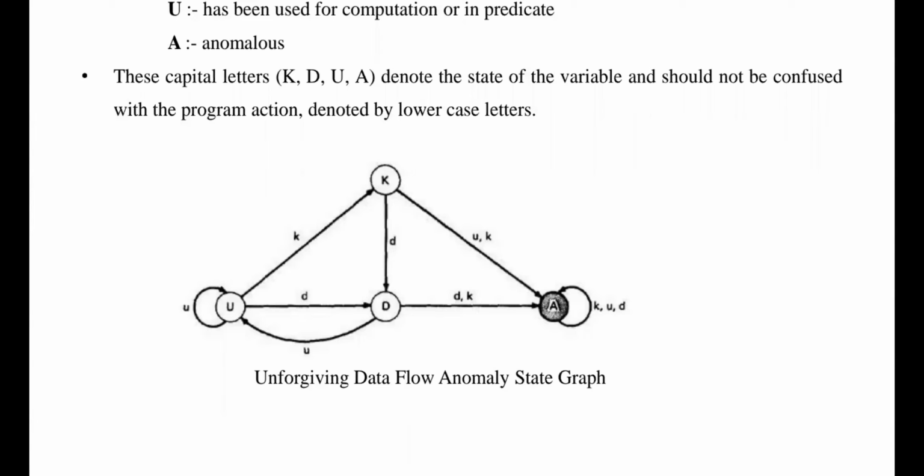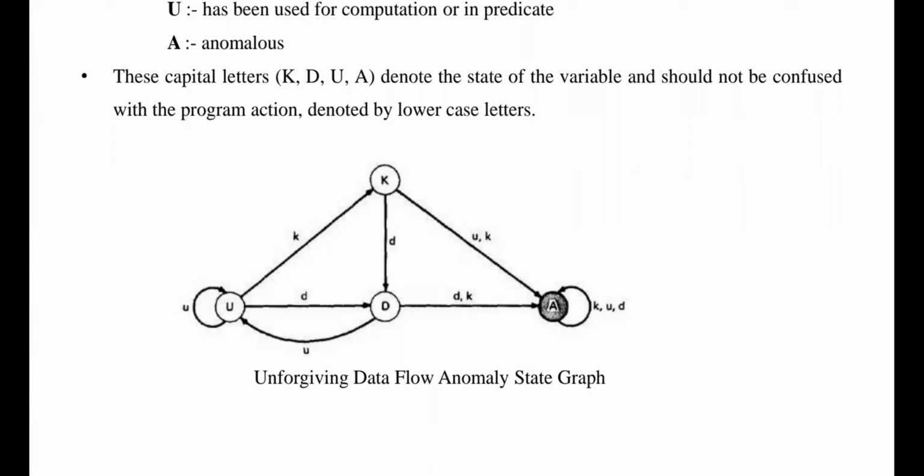Okay, first we will see the unforgiving data flow anomaly. See, this is a state graph representing the unforgiving data flow graph. Here we have 4 states, 4 nodes: K, U, D, and A. When you want to define a particular data object, there will be a flow from K to D. After defining, if you want to go for usage, you will go to the U state.